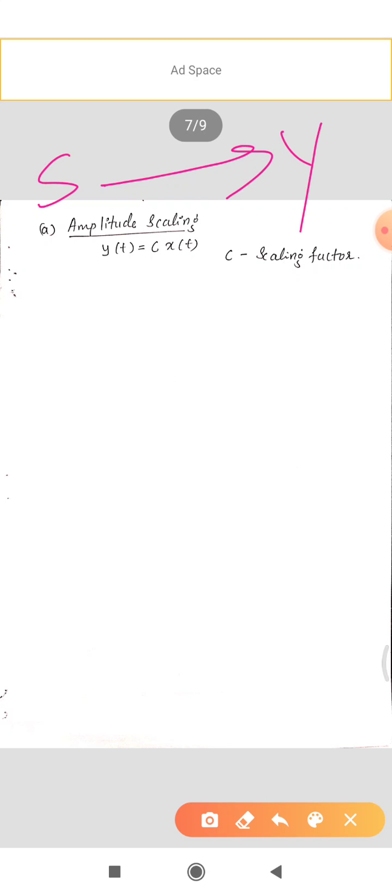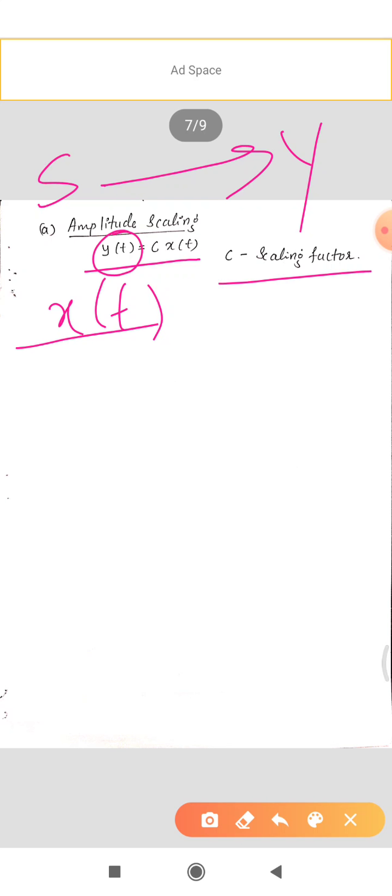The equation is y of t equals c times x of t. x of t will be given to you, and you are asked to calculate y of t, which is c times x of t, where c is the scaling factor.